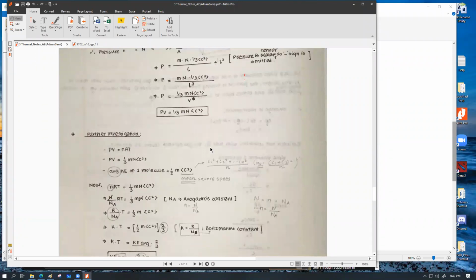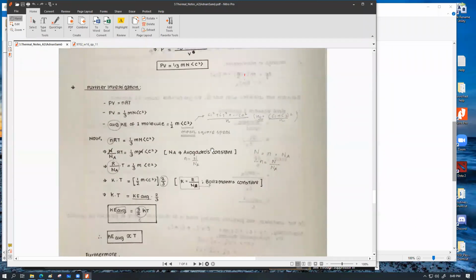Sir, where does that n come from? That's how we define mole number. Avogadro's constant is used to count how many of the same thing is available within a certain number of molecules. n is the number of molecules, divided by Avogadro's constant.